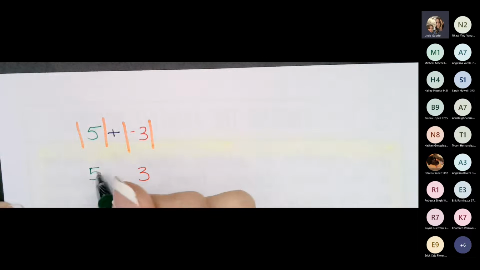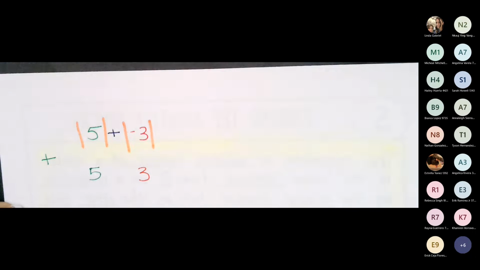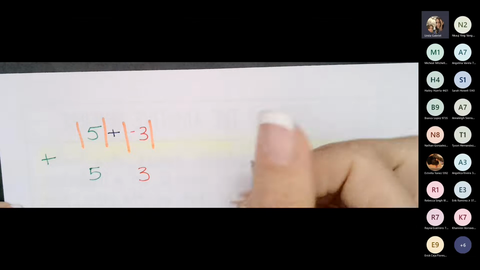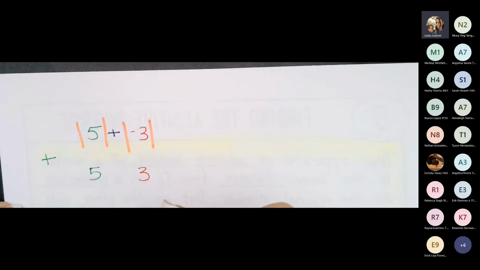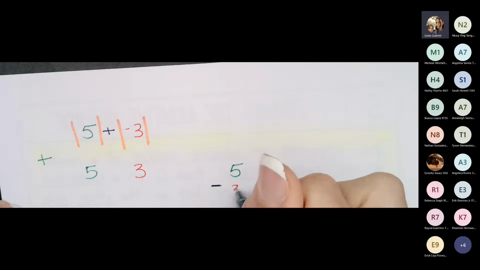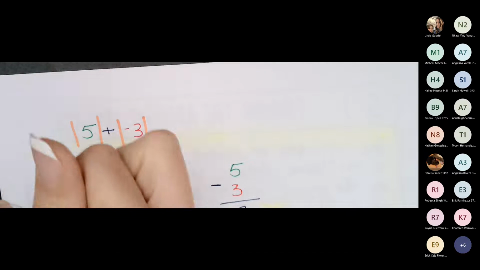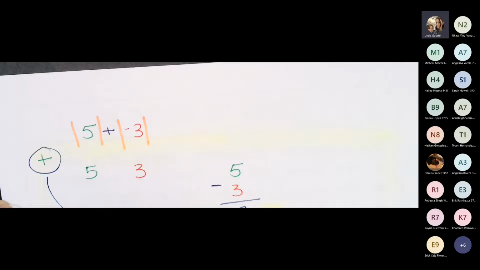I can tell that 5 is larger than 3, so I know my answer will be positive. I am then going to subtract the smaller number from my larger number. So I'm going to have 5 minus 3, which will equal 2. I take my sign from the larger number, bring it over, and that's going to give me positive 2 as my final answer, right?